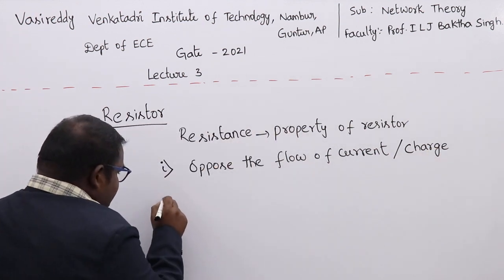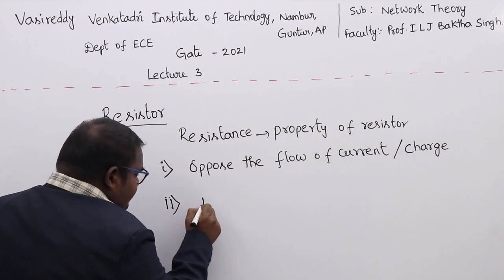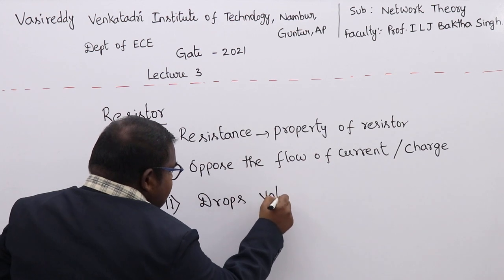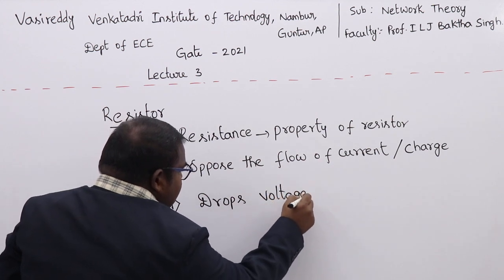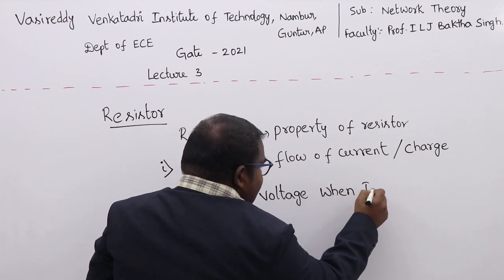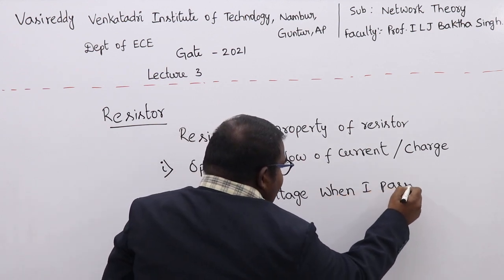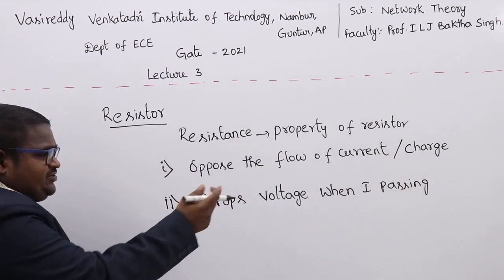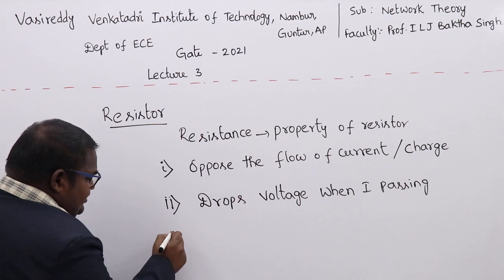Next, it drops voltage when current is passing through the resistor.